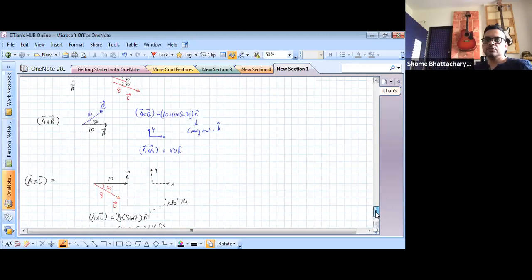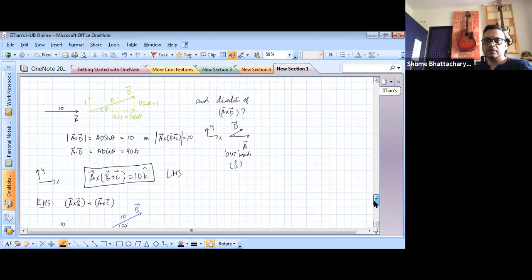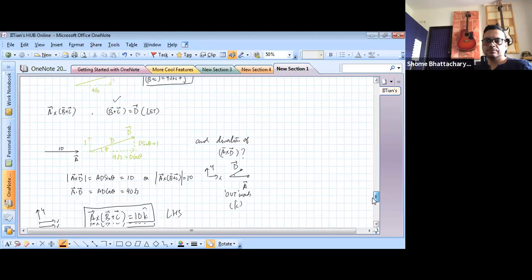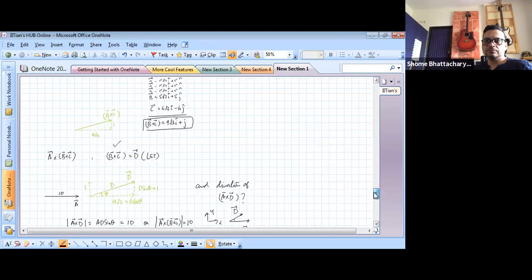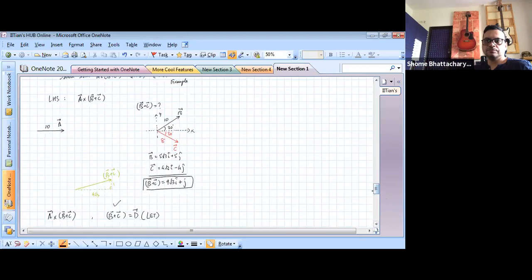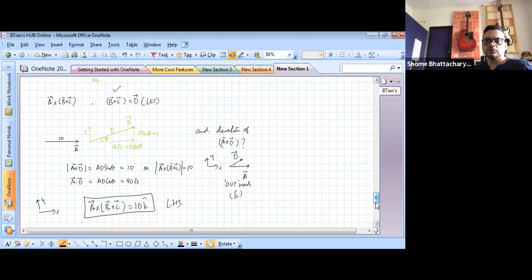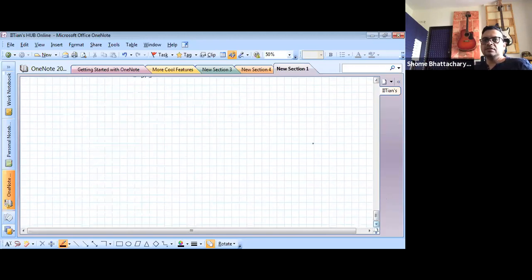Just taking you back to the above step where you saw that the left hand side was 10K here. Alright, so that's the distributive property.